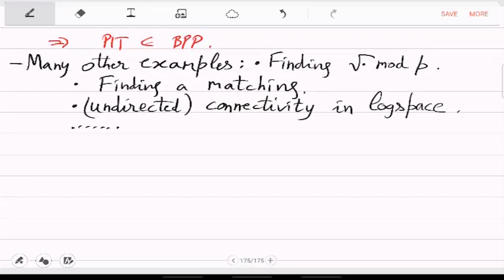So what is open here? There are many open questions about probabilistic Turing machines. So first is whether PTMs are needed.